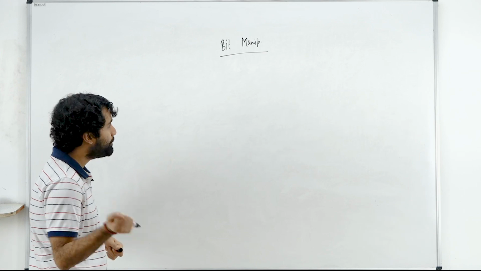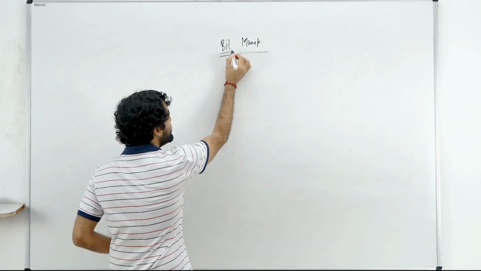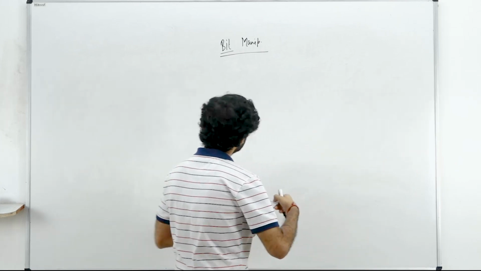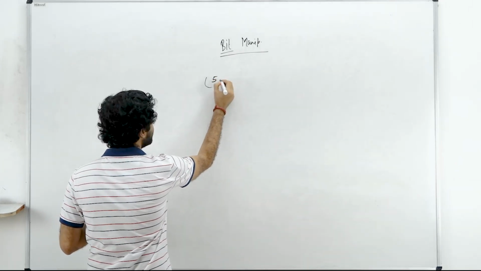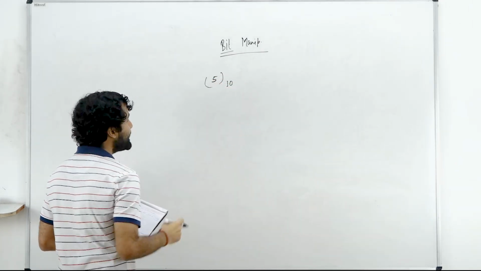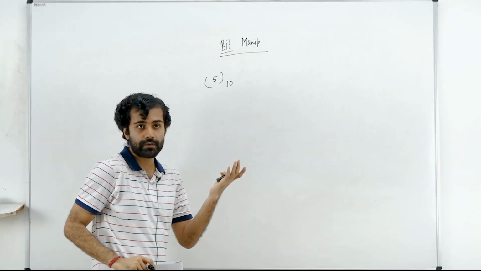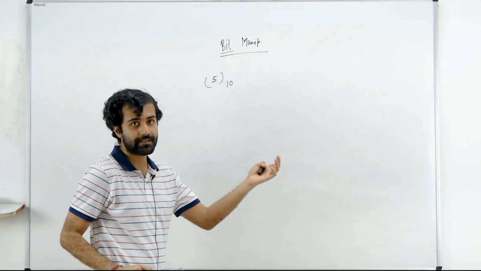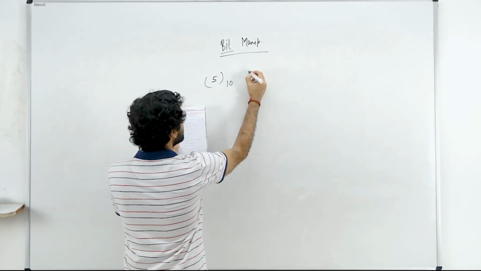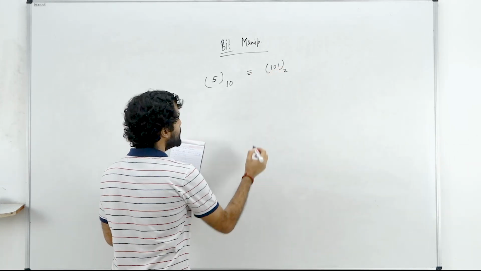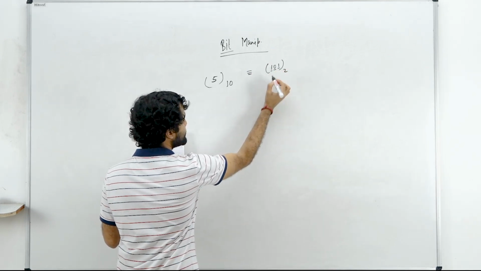Okay, what is a bit? First thing, what is this bit? So let's say I have a number which is in base 10 notation. So this 5 is in base 10 notation. Now if I have to convert it in base 2, all of us know how to convert a number in base x, right? So if I convert it into base 2, then the equivalent of this will be this in base 2. So these things are called bits.